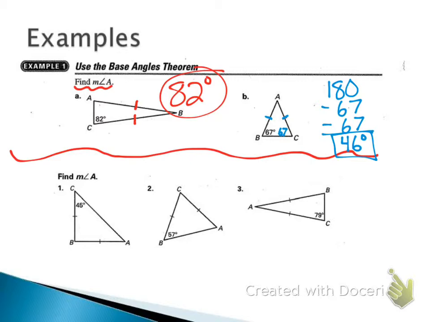So number 1, did anyone find the measure of angle A in number 1? Anyone? They're both the base angles. They're across from the legs. So what do I know about them?